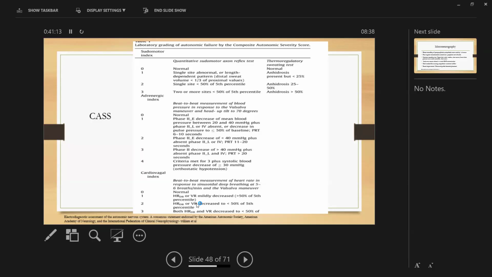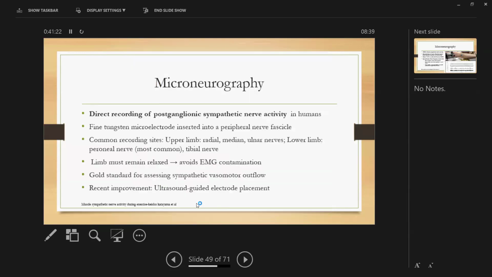Now there are new tests coming into practice based on research purposes. I'll tell briefly about some of these newer research-based tests. That is microneurography, which they say is the gold standard test. Here we are checking the postganglionic sympathetic nerve activity.